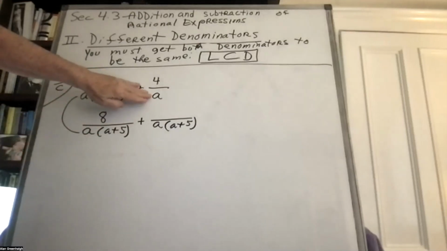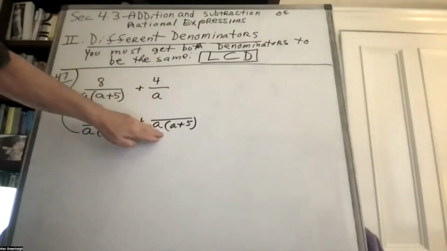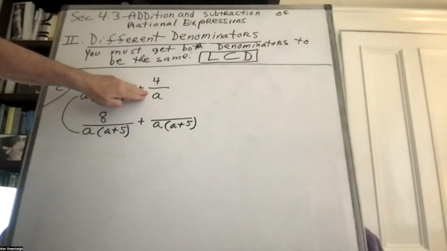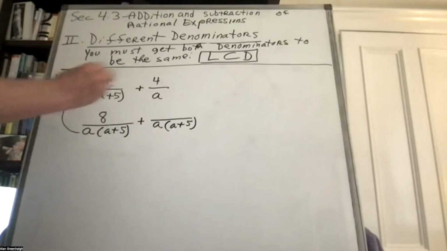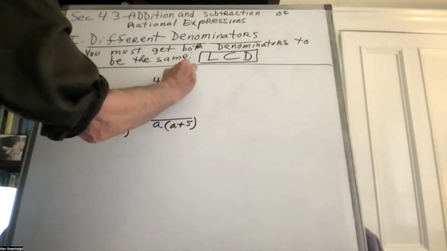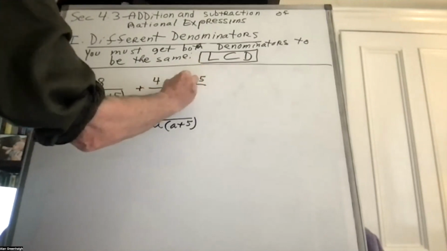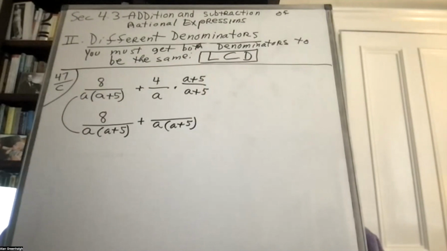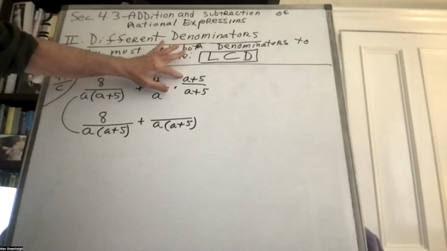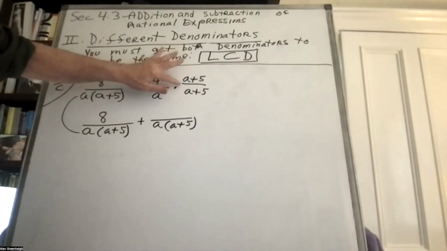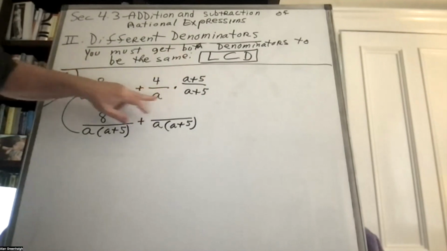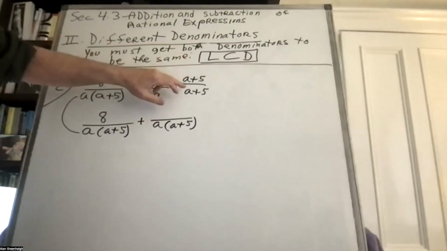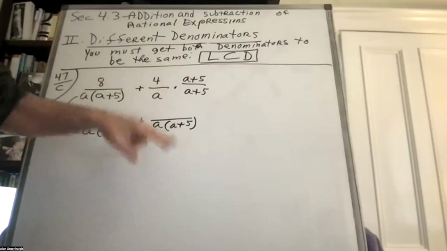But this fraction has to be modified to look like that fraction. How do you get this to look like this? You have to multiply by A plus 5 over A plus 5. You have to multiply by the same thing, right? Because you're multiplying really by 1, and when you multiply a fraction by 1, you don't change the value of the fraction.